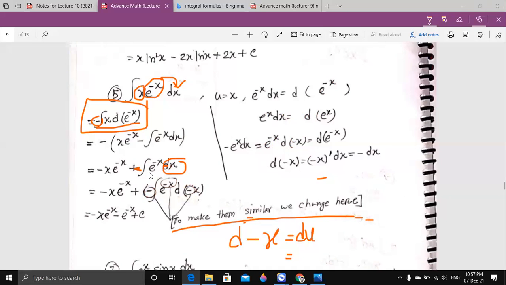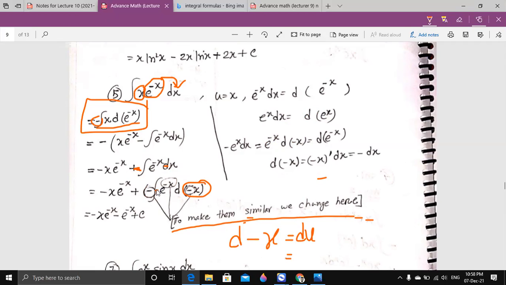So that is the trick, okay? If we want to make a change inside of the d, then we have to multiply a minus outside of the integral, or you can multiply it before e to the power minus x. They are the same.